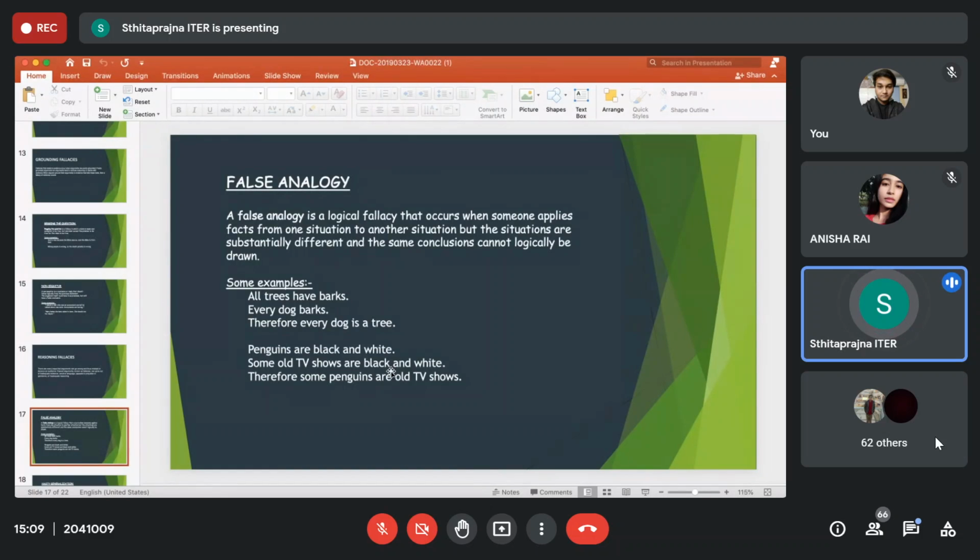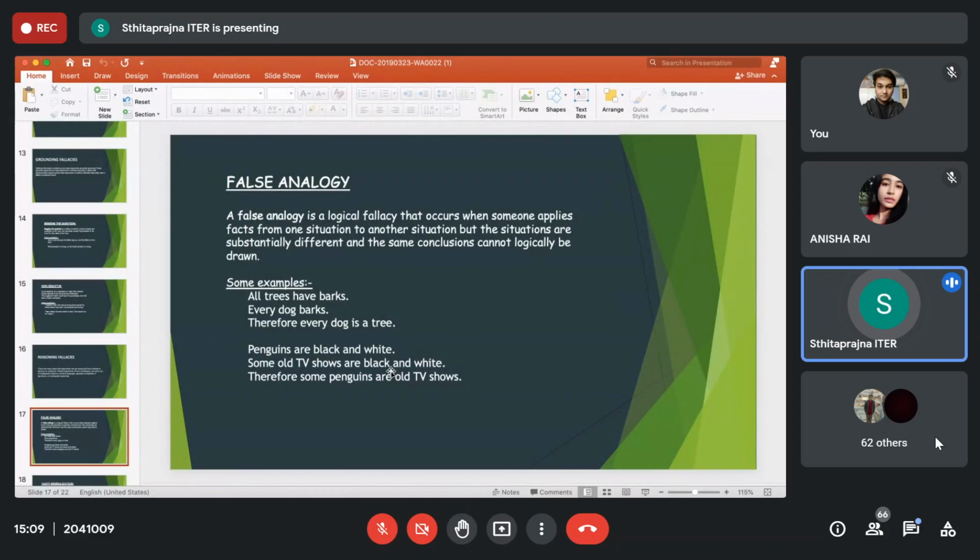If you give a false comparison, this amounts to a logical fallacy, and that occurs when someone applies facts from one situation to another, but the situations are substantially different. So you cannot draw the same conclusions logically from both situations.